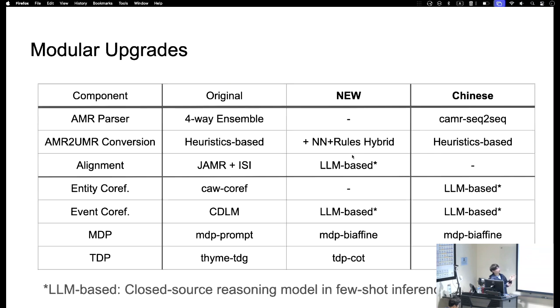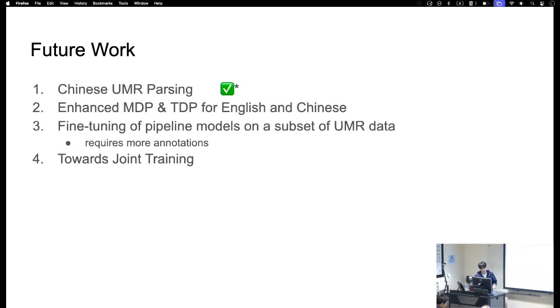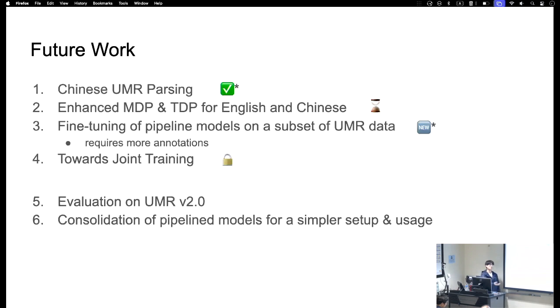And also, one theme across this page is that previously we had all sorts of different models, and now I'm trying to consolidate into fewer models that share the source code base, so that as a user and as a developer, you can have an easier time installing and trying this thing out.